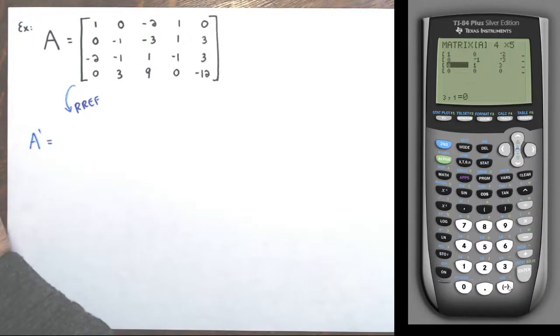Next row: -2, -1, 1, -1, and 3. And last row: 0, 3, 9, 0, -12. Okay, so get out of here, put into reduced echelon form.